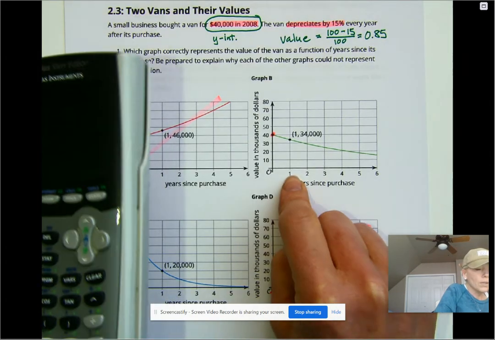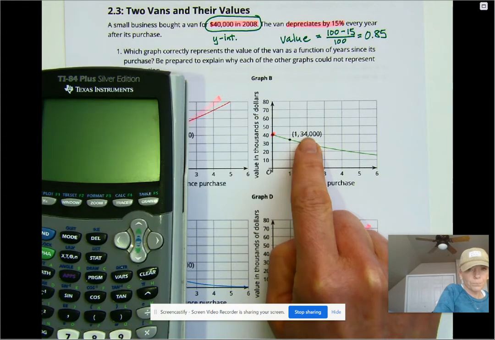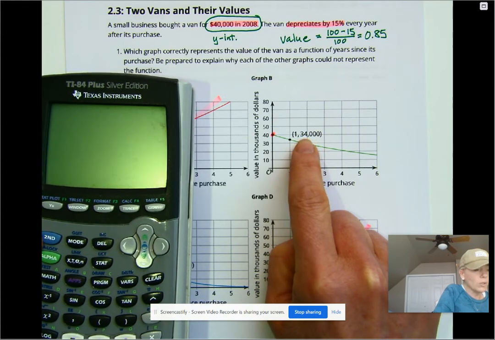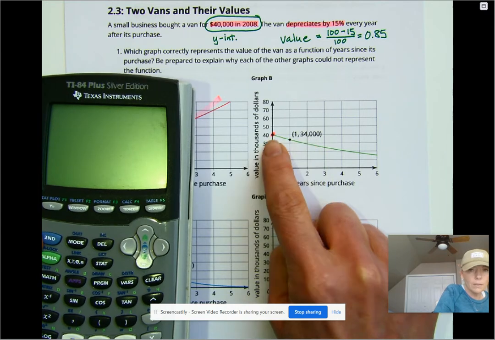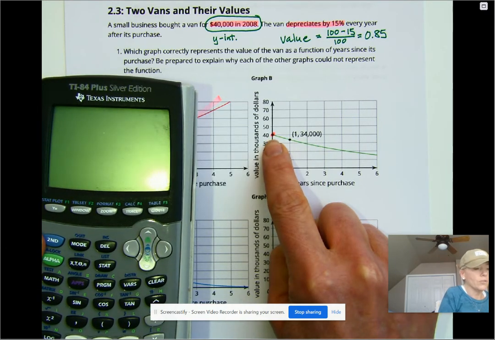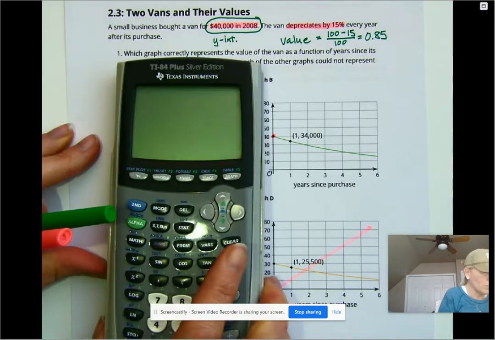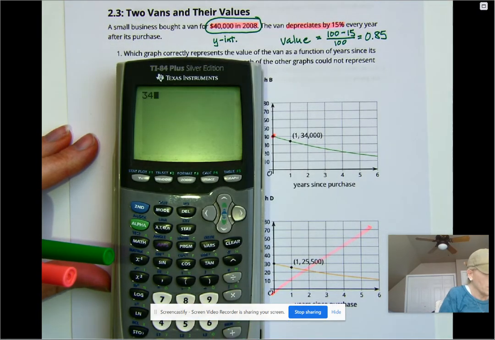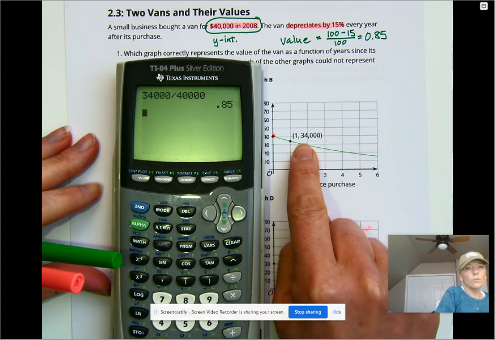Remember that you can take sequential points and divide a point value by the one before it to get that factor. And so we want it to be 0.85. So 34,000 divided by 40,000 is 0.85. So graph B would be the correct one.